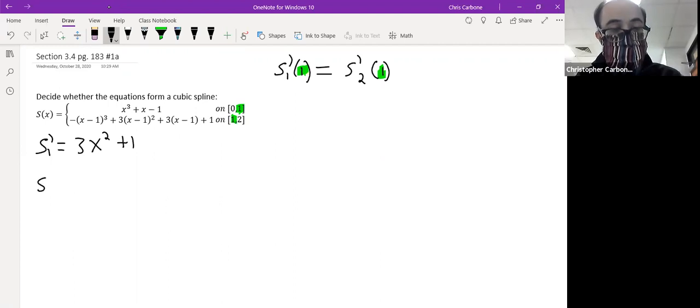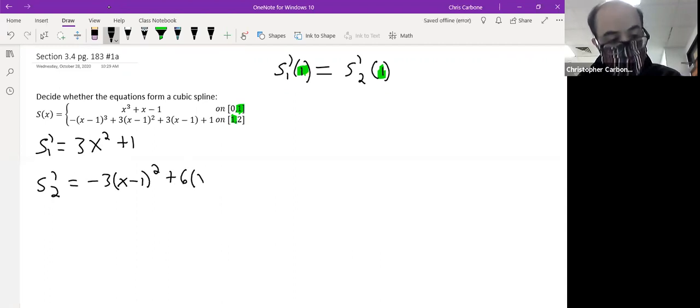The derivative of the second equation, and this is not completely multiplied out, but that's perfectly fine, is negative 3 times (x minus 1) squared plus 6 times (x minus 1), then plus 3 due to this last term. Those are our two derivatives.